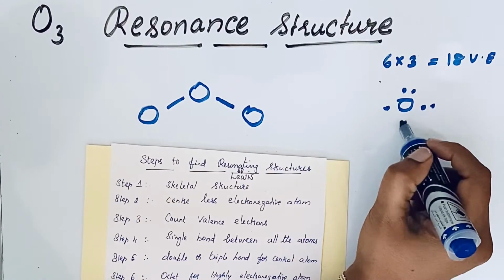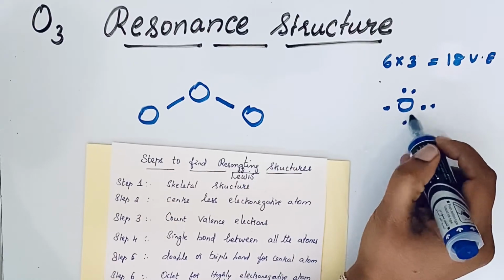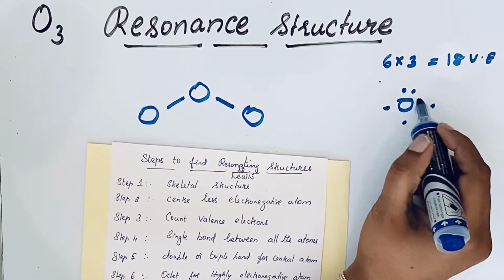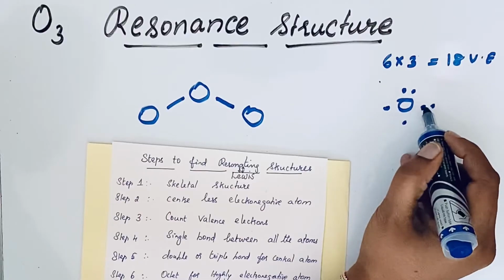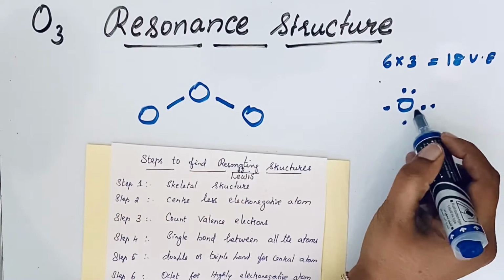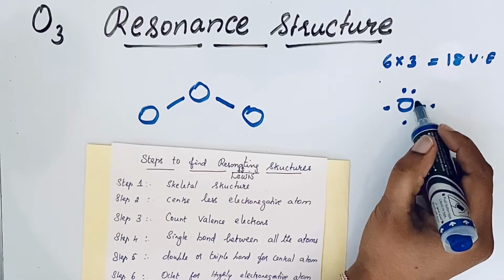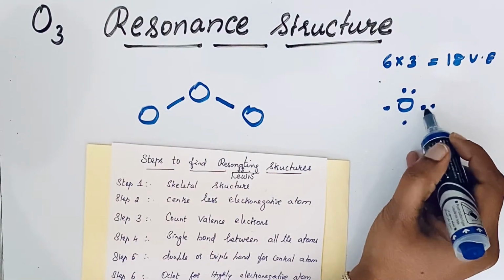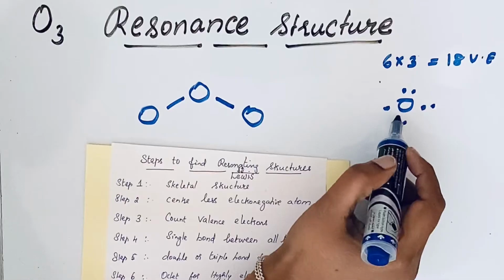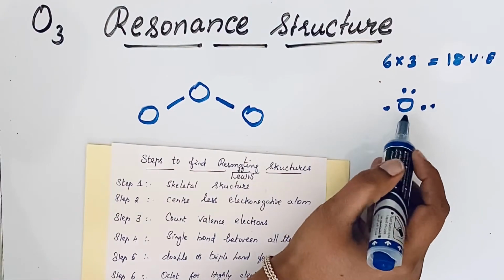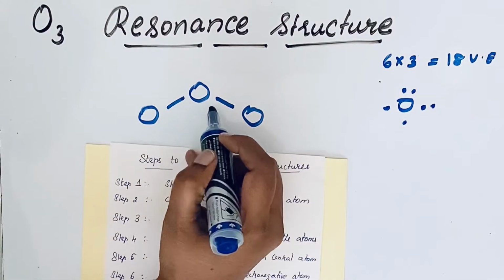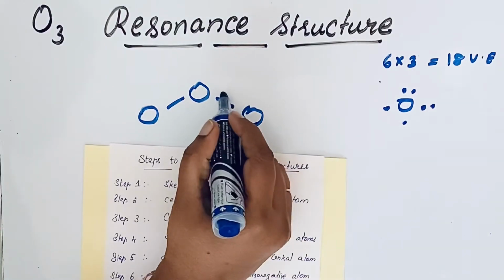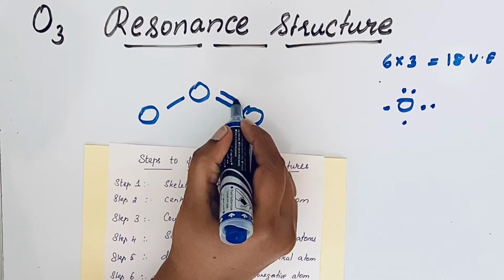These unpaired electrons can participate in covalent bond formation and these 2 lone pair electrons can form a coordinate bond. But oxygen is highly electronegative, so oxygen can form only 1 coordinate bond. So totally we can expect 3 bonds. Already we have drawn 2 bonds, so we can draw 1 more bond. So this bond is a coordinate bond.